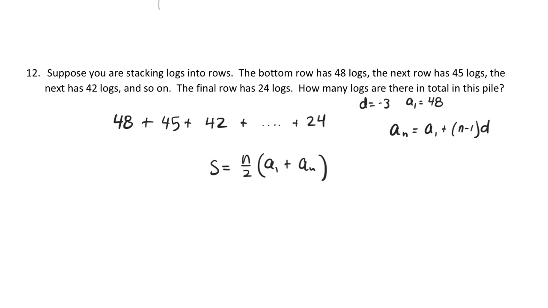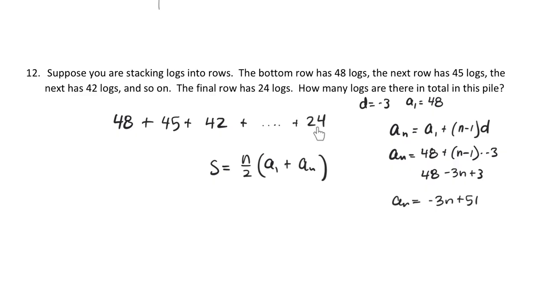So we can find this explicit formula as 48 plus n minus 1 times negative 3, rather, not negative 4, negative 3. So this is 48 minus 3n plus 3, so the nth term is negative 3n plus 51.